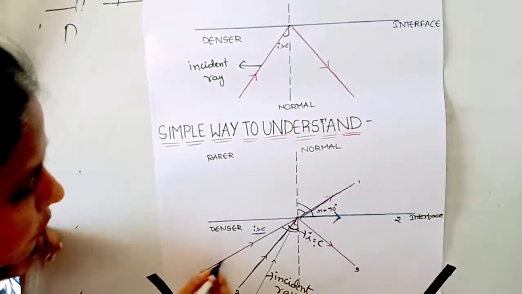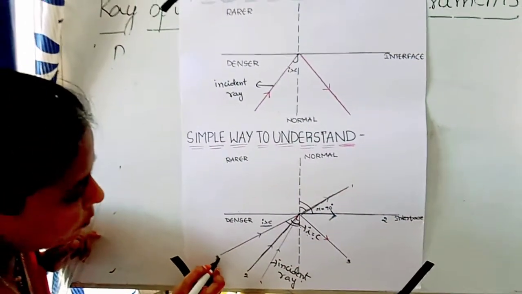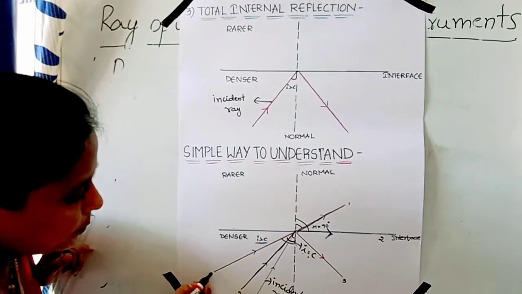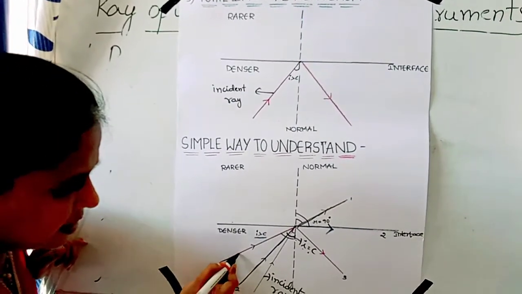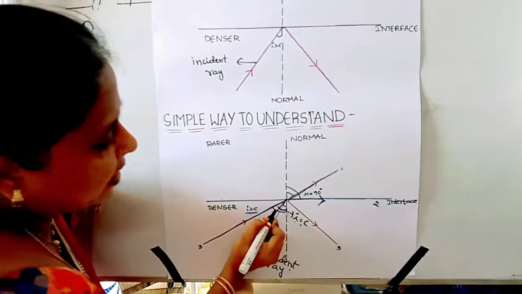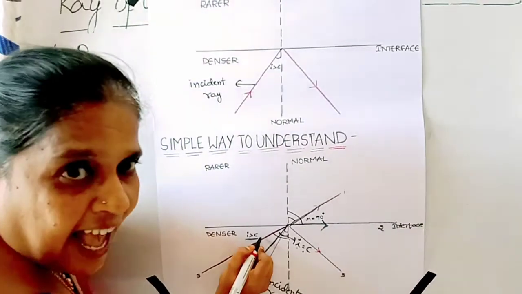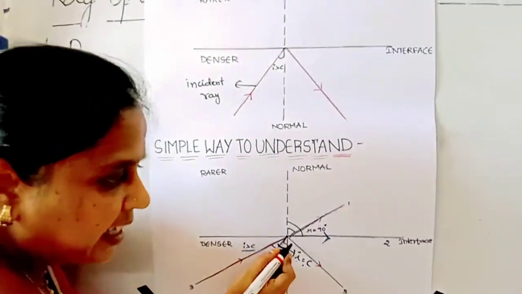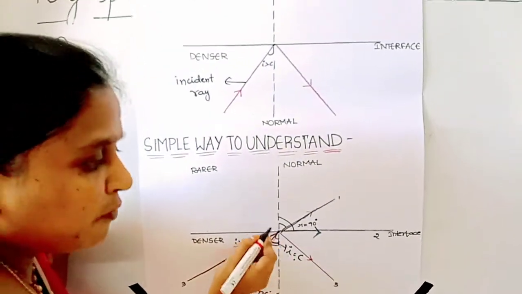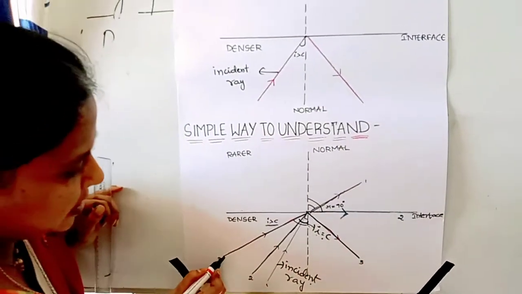After that we take the third ray. This is the third ray. Here the angle of incidence is greater than the critical angle. So the light ray is reflected back into the same medium. So this is the third ray.